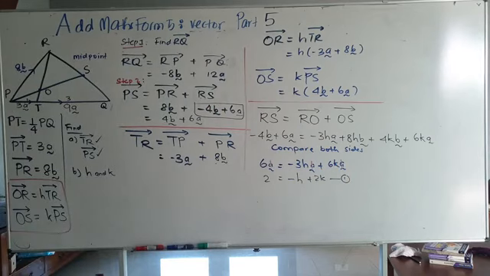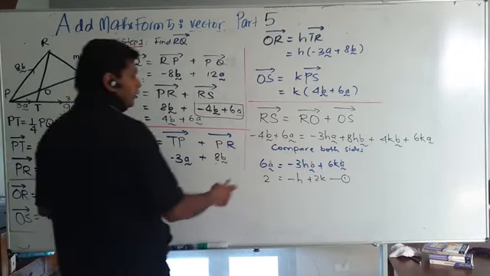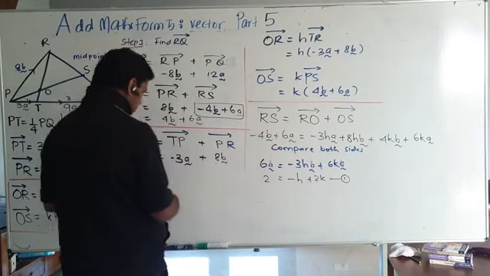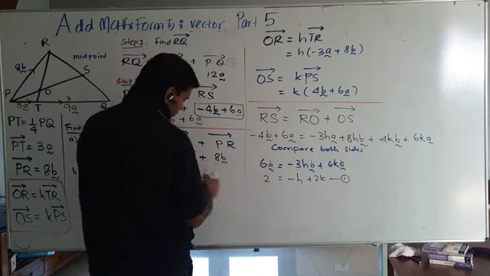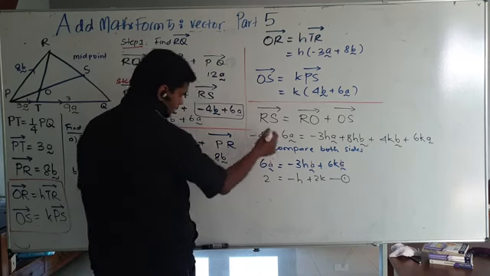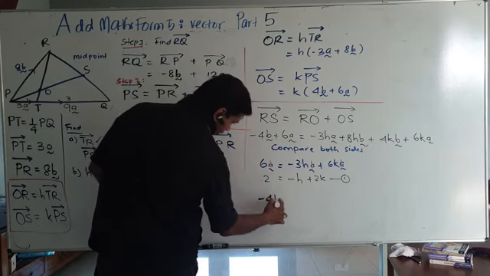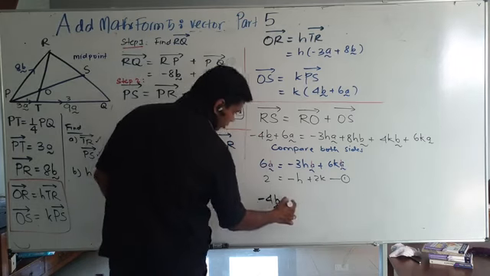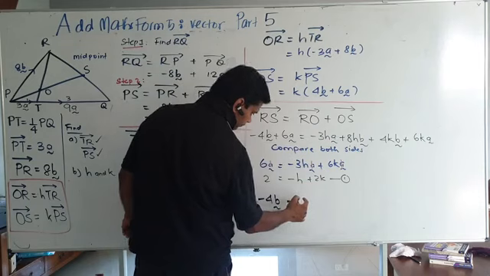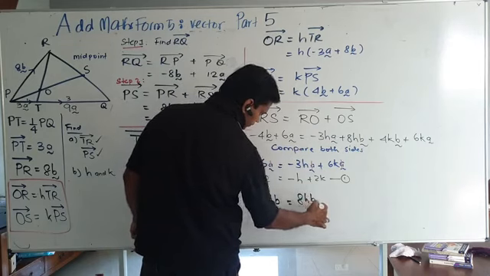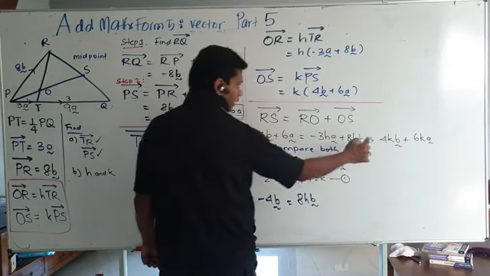You okay? Next part, let's compare the B. So how do you compare B? Negative 4B on this side must be equal to 8HB plus 4KB.